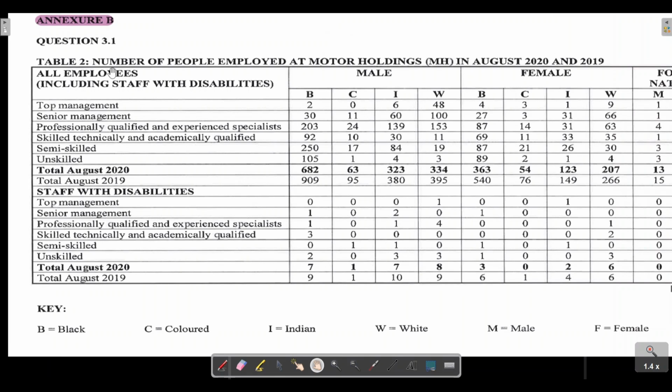We are told that Table 2 represents the number of people employed at Motor Holdings in August 2020 and 2019. In the first column we are given all the employees, which includes staff with disabilities: top management, senior management, professionally qualified and experienced specialists, skilled technically and academically qualified, the semi-skilled employees and the unskilled employees.